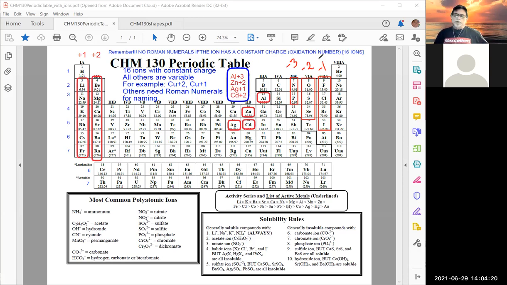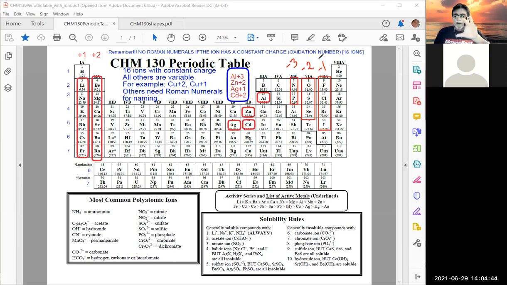So you have already access to maybe, ballpark, 300-400 compounds that you can put together. You got aluminum chloride, aluminum fluoride, aluminum nitride, aluminum oxide, aluminum sulfide. You're going to mix and match positive and negatives only. You're not putting together 2 positives or 2 negatives.